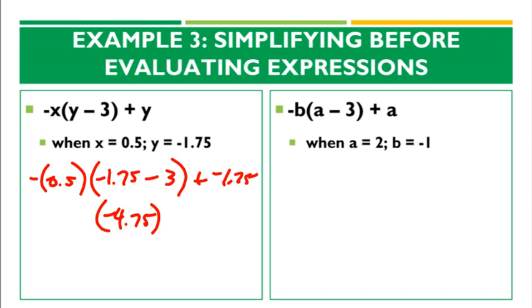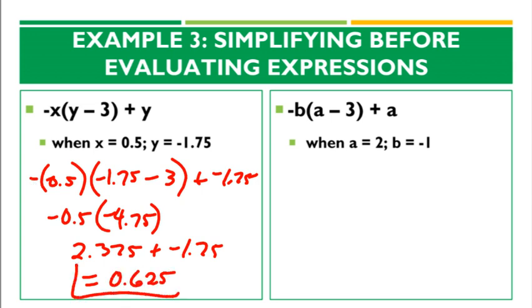And then I have to multiply that by a -0.5, which will give us a +2.375. And then we add a -1.75. So really you're just subtracting 1.75. That gives us an answer of 0.625.